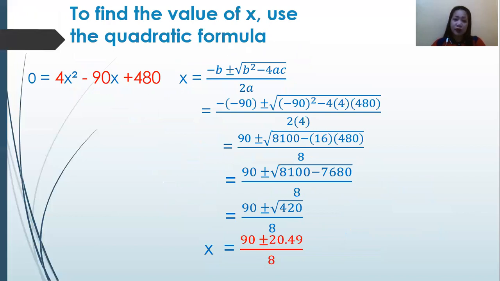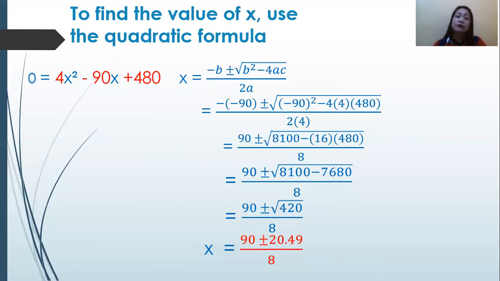The quadratic formula is x is equal to negative b plus or minus the square root of b squared minus 4ac over 2a. From the equation that we have, a is 4, b is negative 90, and c is 480. We substitute all the values in the given quadratic formula.